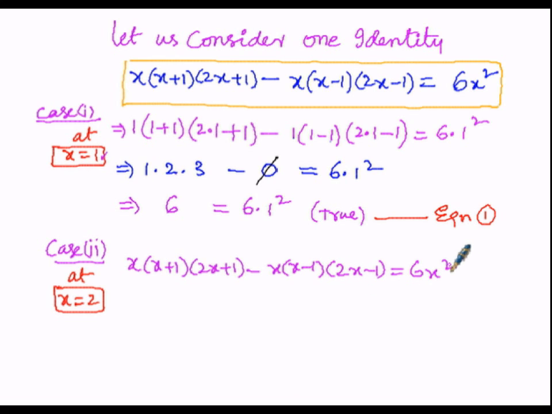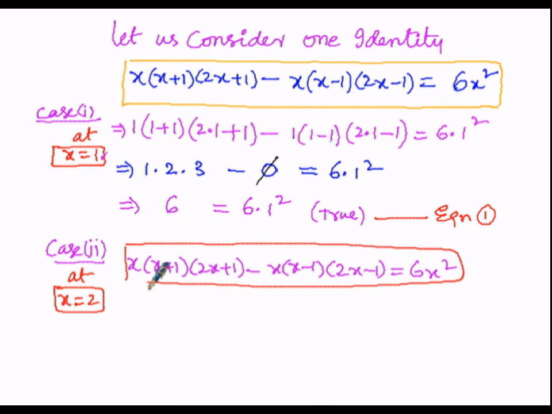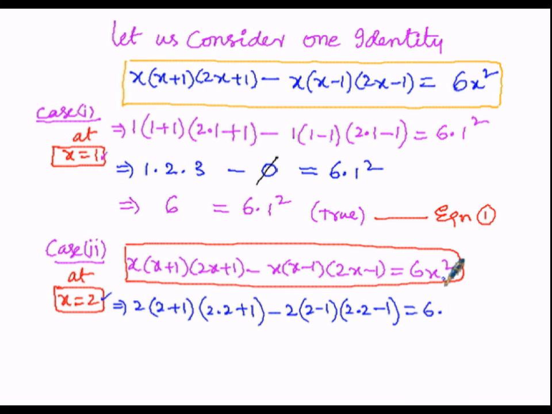So in this identity we are going to substitute x as 2. Then x is replaced by 2: 2 into 2 plus 1 into 2 times 2 plus 1, minus 2 into 2 minus 1 into 2 times 2 minus 1, equals 6 into 2 square.